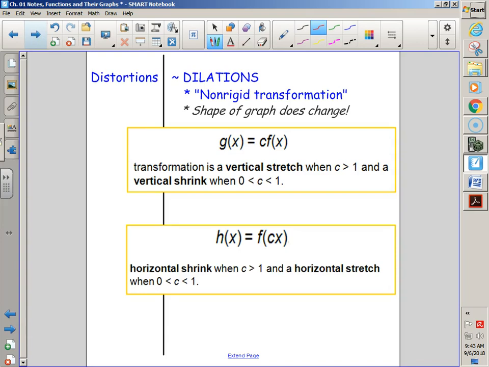Last one. Annihilation. Woo! Last one. Distortions or dilations, stretching and compressing. Shrink and stretch, I think, is how your book did it last year. Is that right?